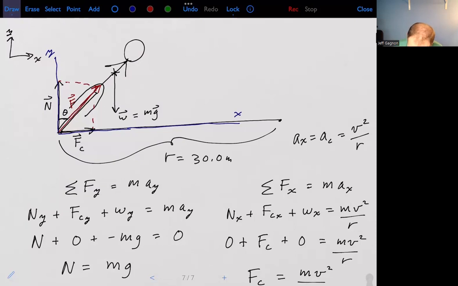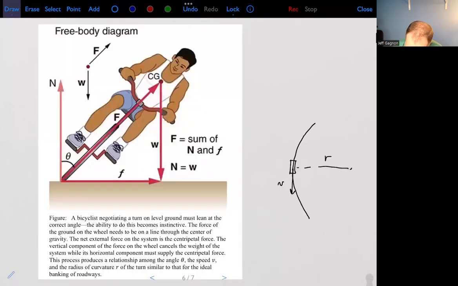If we look from above again, the v here is the speed, and that speed is 12.0 meters per second that they're moving around this circle in. And this radius is the 30 meters.